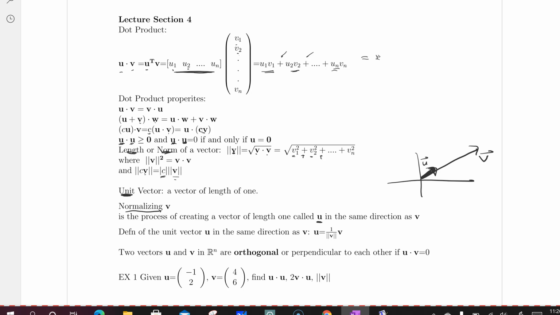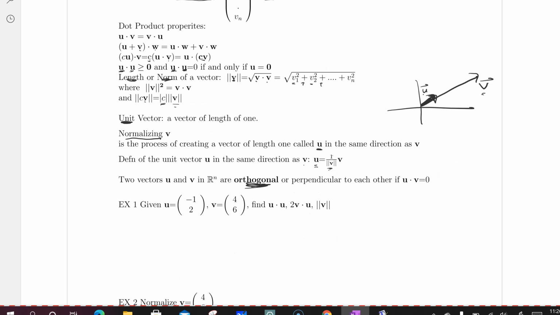Let's say this vector v has length 5. So u would be 1/5 times the vector v. So it's 1 over the length, which is a number, times the vector v.